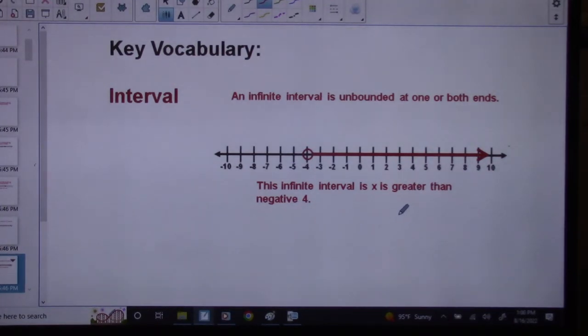So you can write it like x is greater than -4, or sometimes you could see it like this: x is greater than -4, but less than what goes up here.